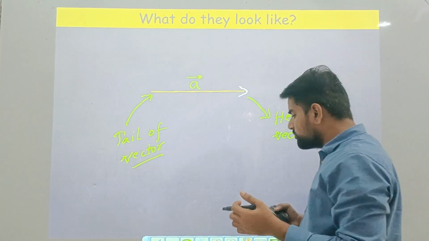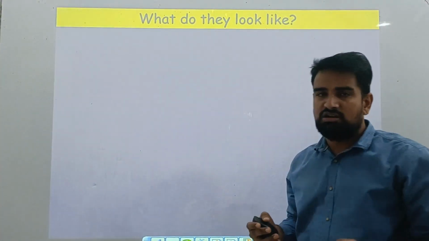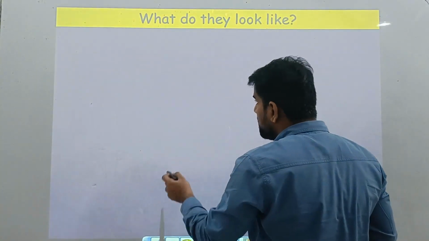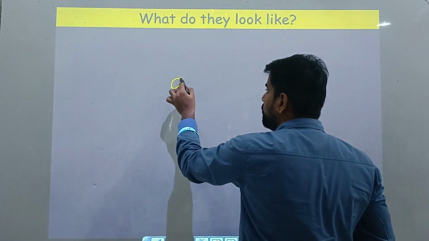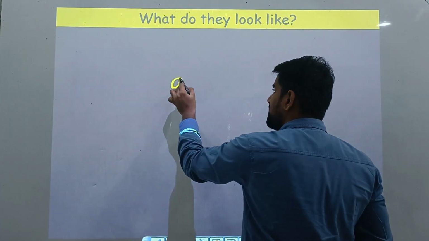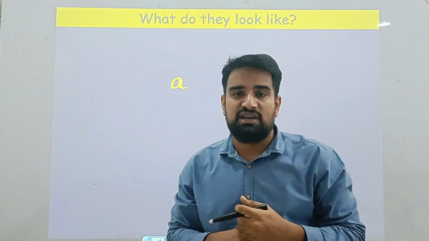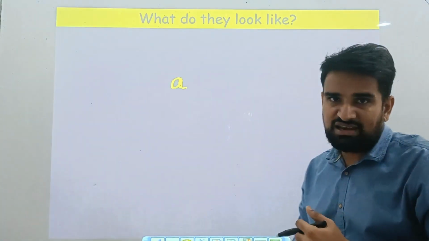Later on, some other representations came in front of us. In the scientific community, they thought, why don't we make any letter bold? If I make any letter bold, it can also be represented as a vector. So it also worked very nicely.